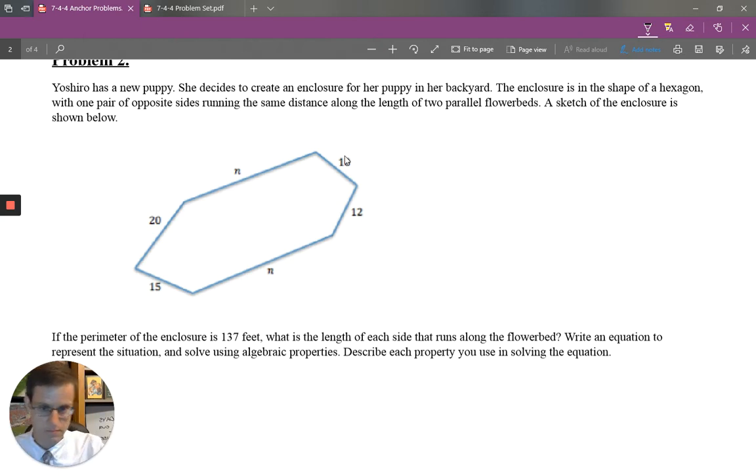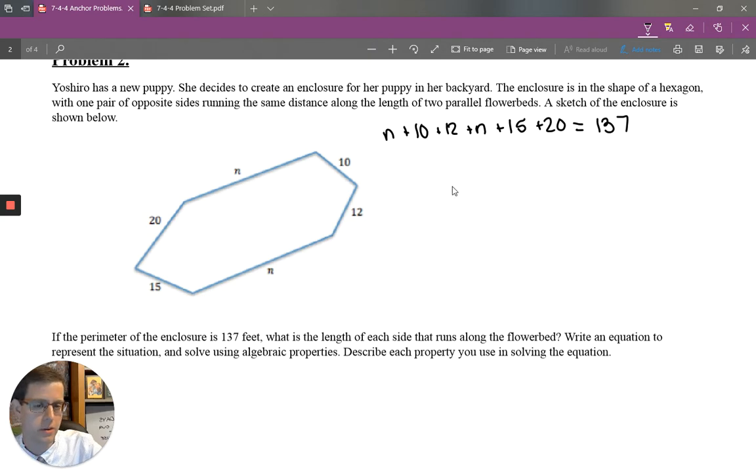Now, let's add up all the sides. We have n plus 10 plus 12 plus n plus 15 plus 20, and now we're back to the n. Now, perimeter, you're adding up all the sides, and so it says the perimeter is 137 feet, so this is going to add up to be 137.